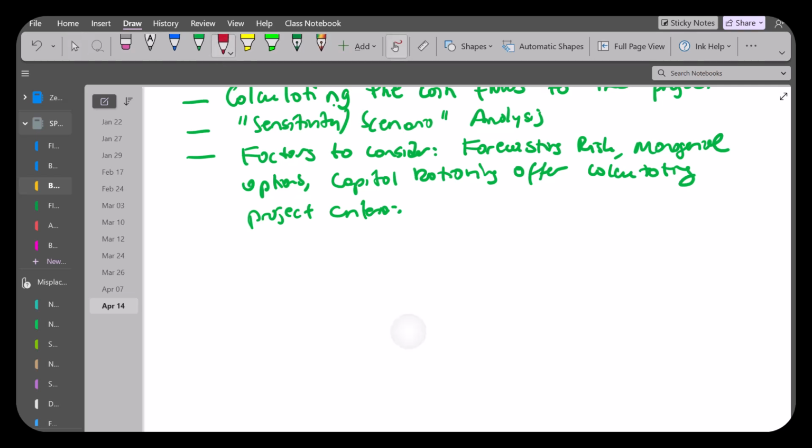We're going to have to calculate project cash flows, and for this purpose, we're going to use the concept of cash flow from assets.